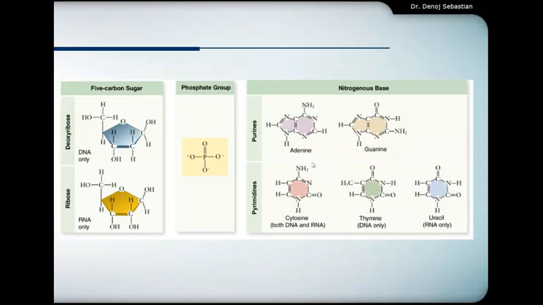And the deamination of this NH2 of the cytosine will result in uracil. Okay? The deamination of a cytosine, or removal of NH2 by an O, will result in production of a uracil.